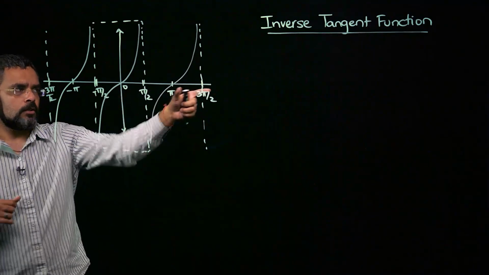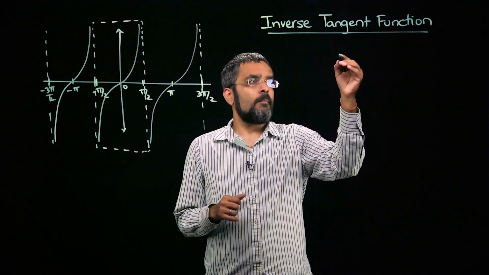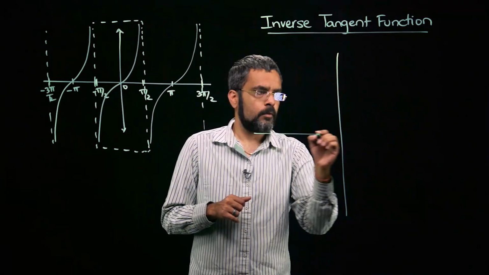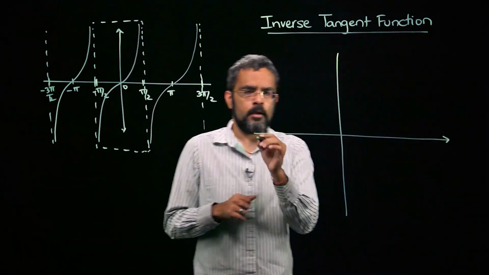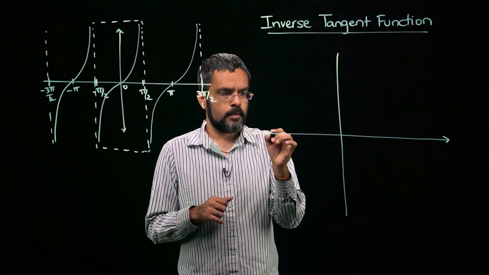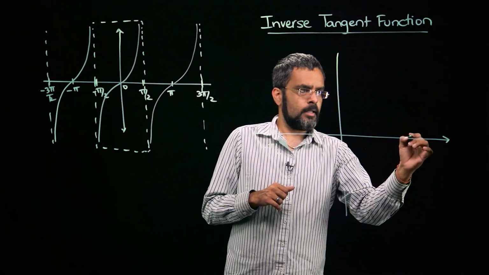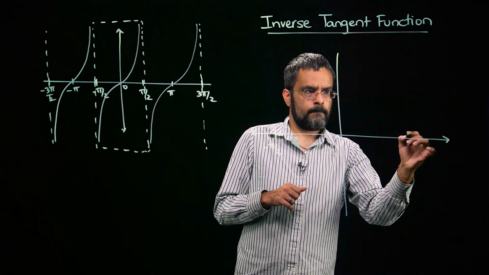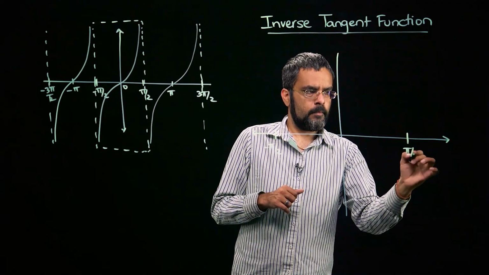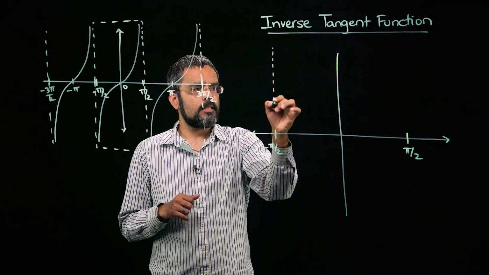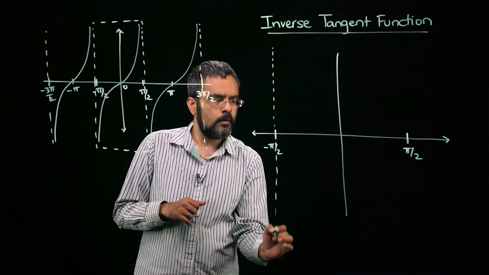Okay, so let's go ahead and zoom in over here, and my function, okay, so let's say this is negative pi over 2, and say this is pi over 2. So I have my vertical asymptotes here, okay.